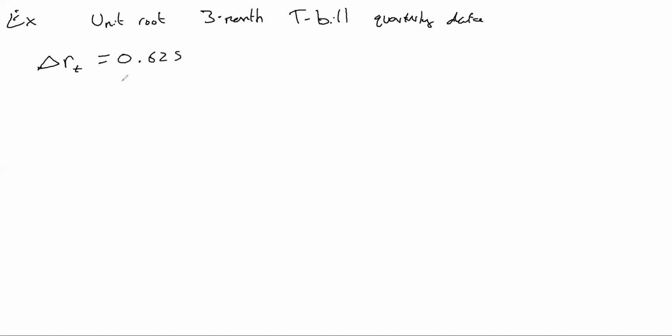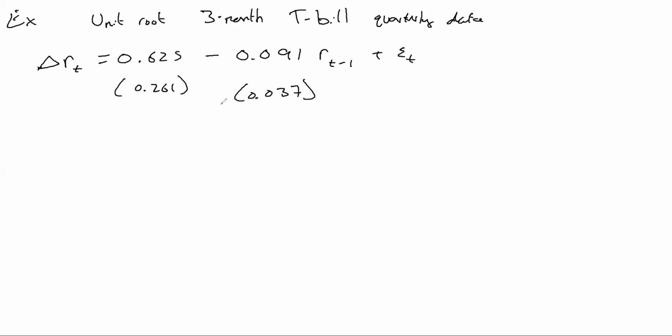So this is alpha with a standard error of 0.261. This is our beta, negative 0.091, and the standard error is 0.037, multiplied by our previous value.